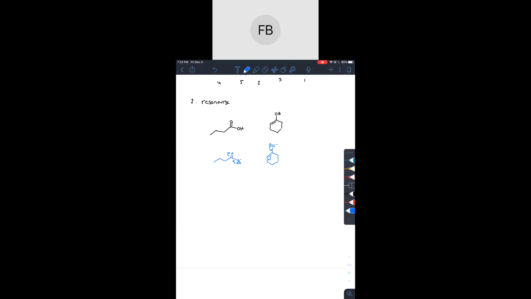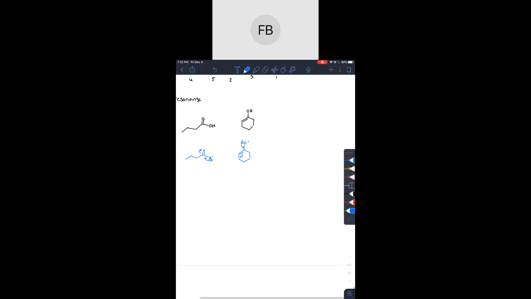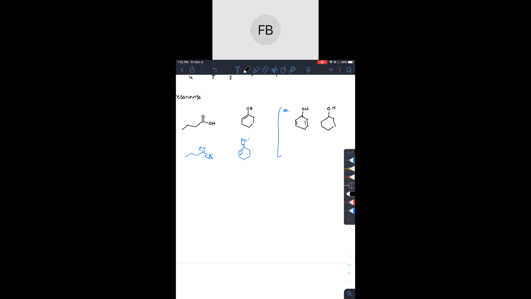So the one pitfall with resonance is this. First of all, there's this one question where he says, how about this with 2 double bonds versus this with 1 double bond?